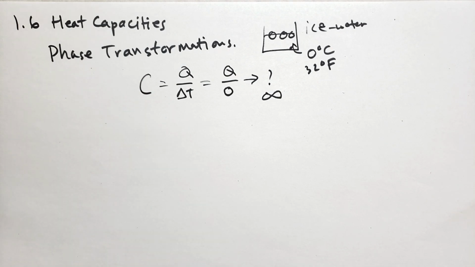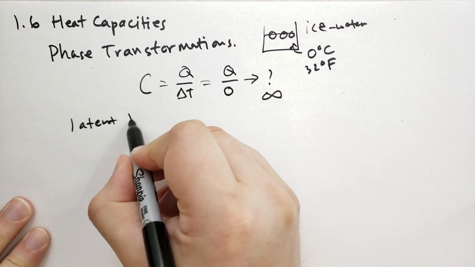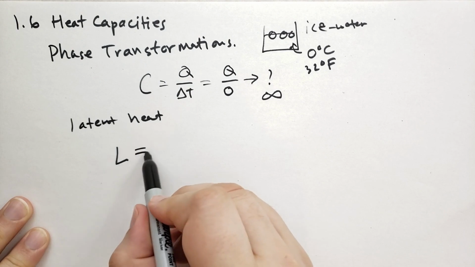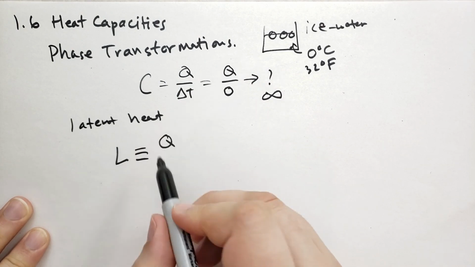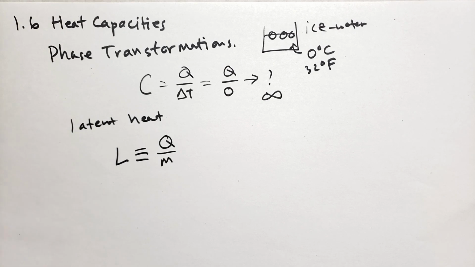However, we still want to keep track of that heat for whatever purposes. And so we're going to talk about the latent heat. This is given with an L, and it's defined to be the amount of heat added over the amount of mass that is changing in the transformation. Again, we have an ambiguous definition here because we don't know what the work is happening during this process, right?